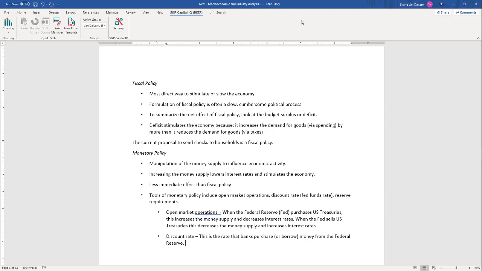But they set the rate so that it affects the Fed funds rate. Okay, so it's usually set about a half a percentage point higher than the targeted Fed funds rate.